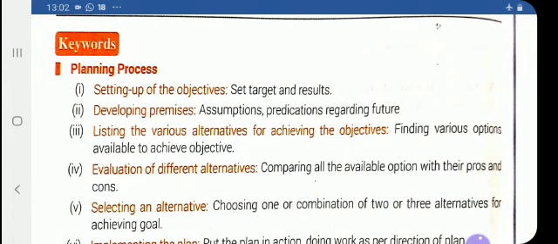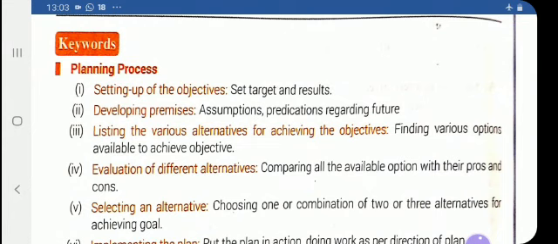After comparing, we have to select the best one. After listing the various possible alternatives, it is important to analyze the relative pros and cons of each alternative in the light of their viability, that is suitability and significance.